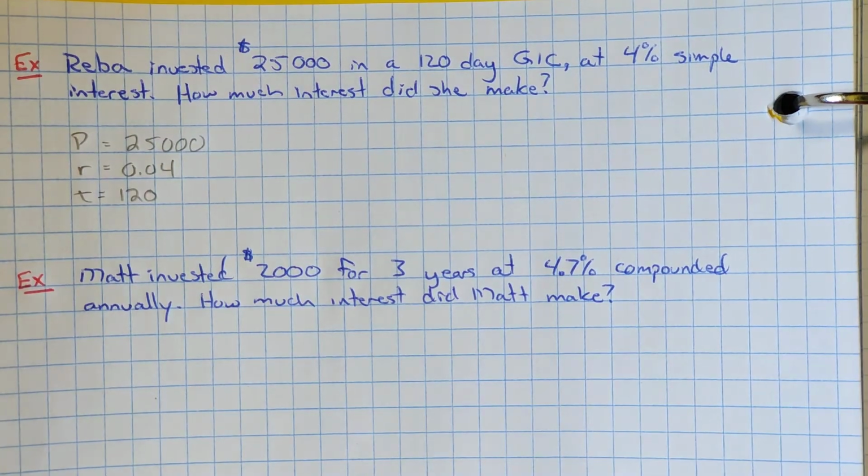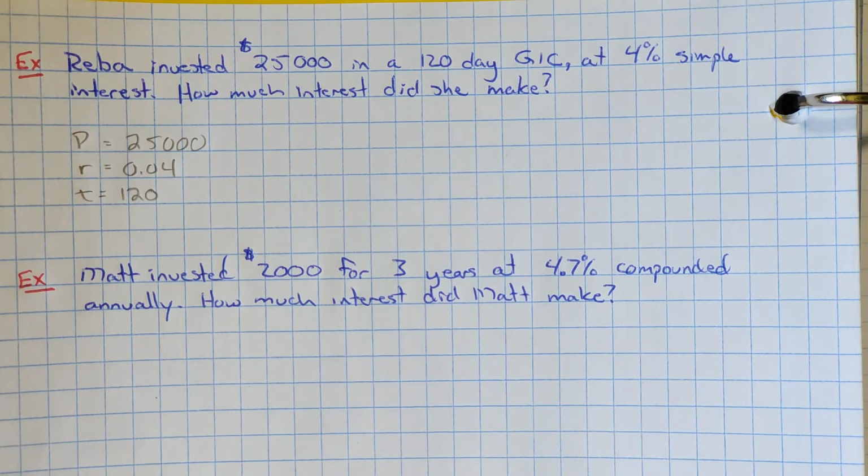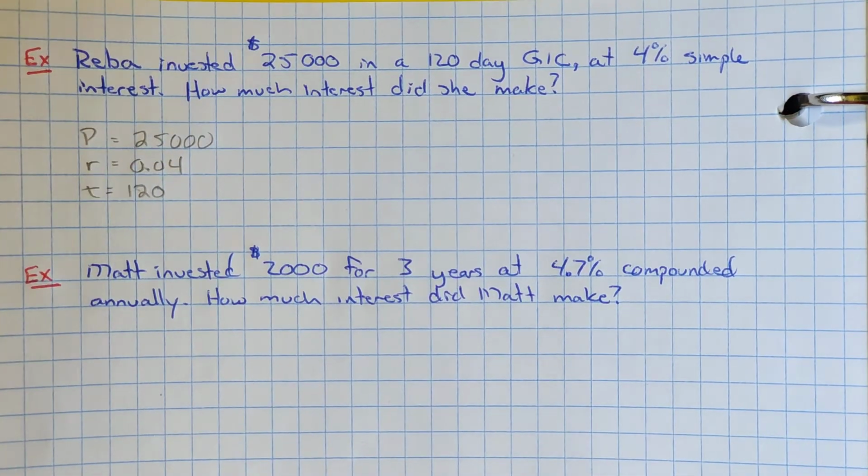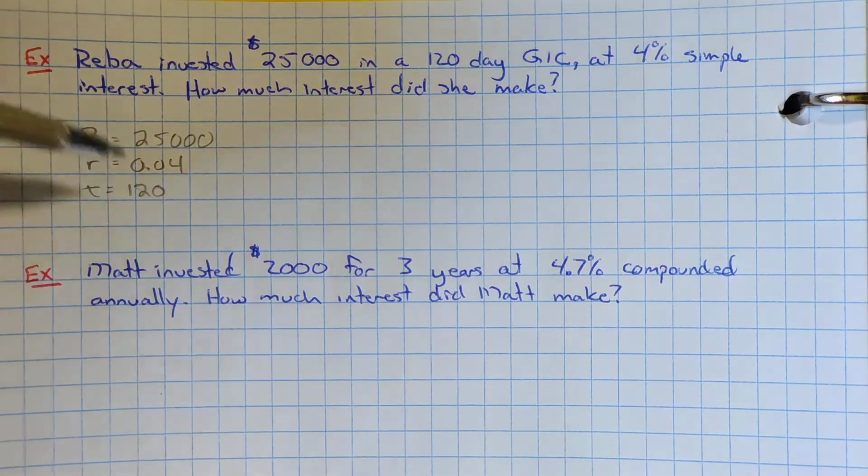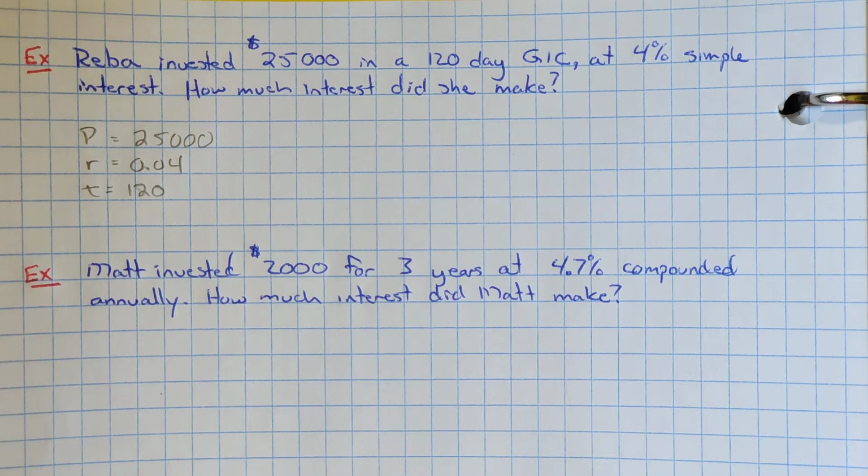But there's a problem because this is 4% and this is 120 days, not years. This is in years, the percent per year, but this is in days. So what do we do? Well, it's only 120 days of the year. How many days are in a year?